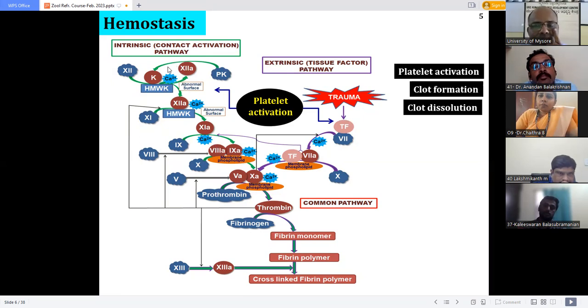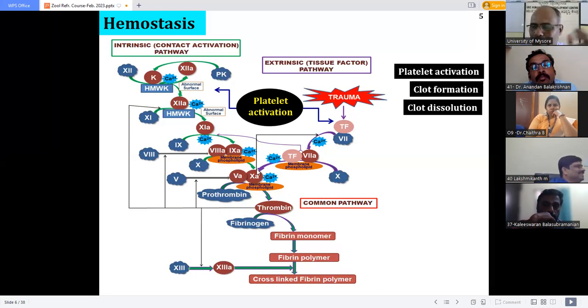And despite the fact that they're initiated through different mechanisms, they join at one point. From this point onwards, we have a common pathway. The common pathway starts from the formation of factor 10A, that is tenase complex. The tenase complex is a complex of factor 10A, factor 5A, and calcium, and also membrane phospholipid. Membrane phospholipid is contributed by platelets.